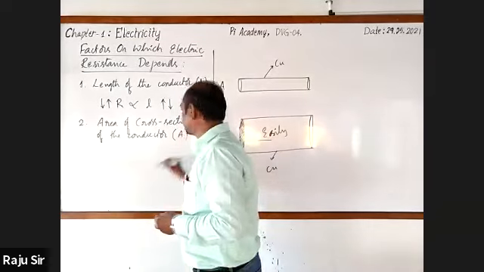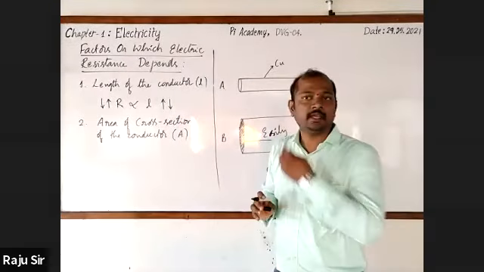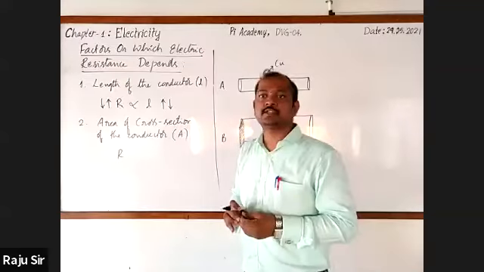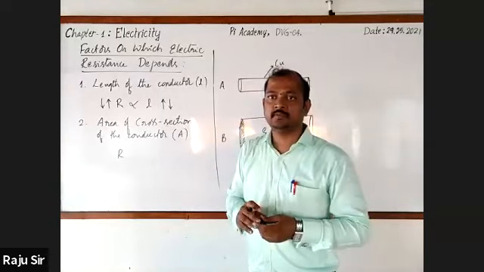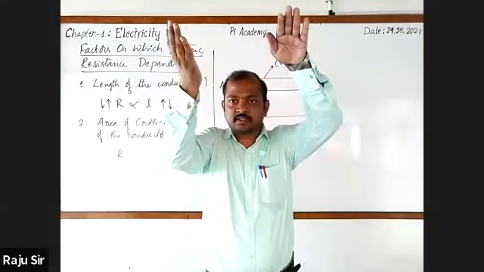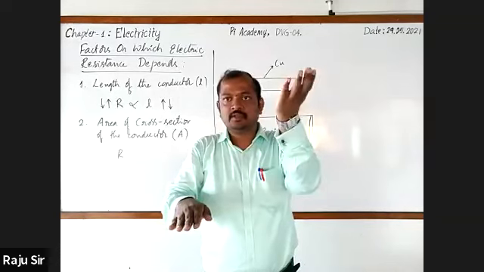I take this area of cross section as capital A. Electric resistance depends on area of cross section, directly or inversely? Inversely. As area increases, electric resistance decreases. As area decreases, electric resistance increases.